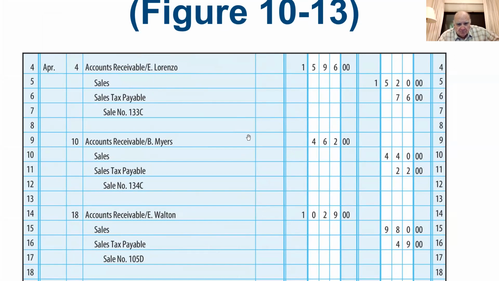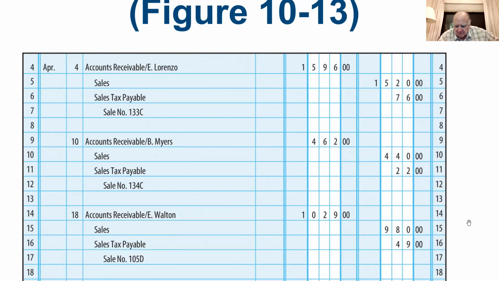You sold something to Brenda Myers. We sold a $440 piece of clothing to Brenda, and we charged her sales tax of $22. The AR is the $462. Okay, the accounts receivable is where you will put the offset to the sales tax payable.